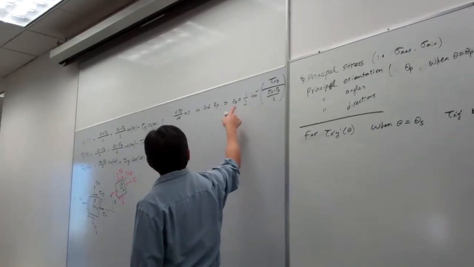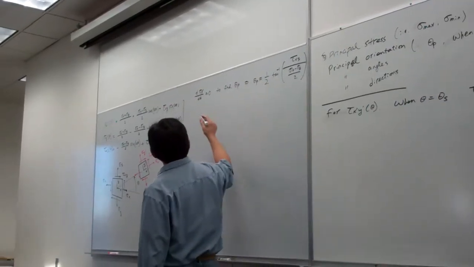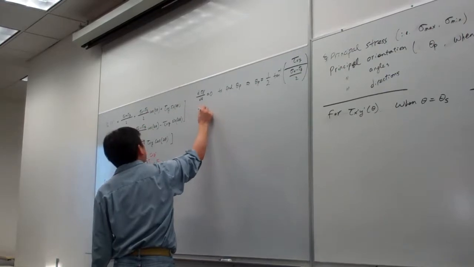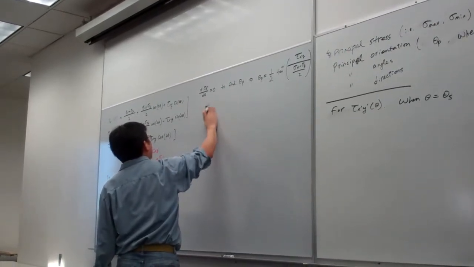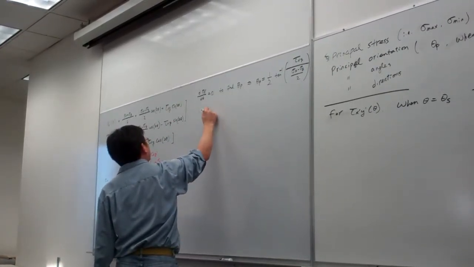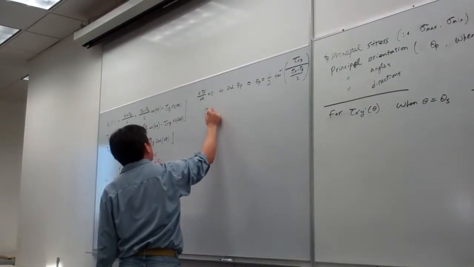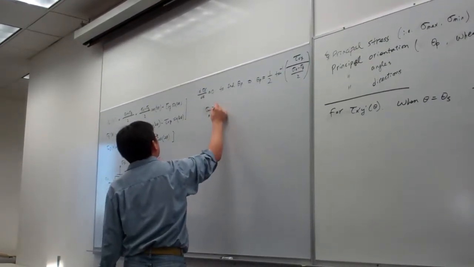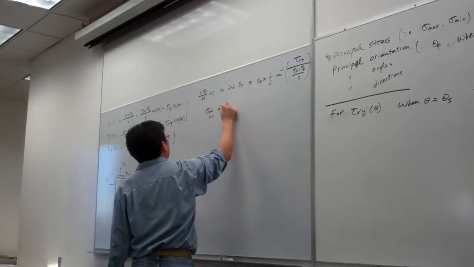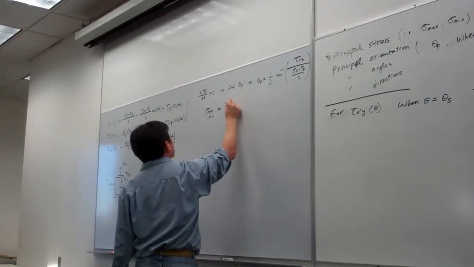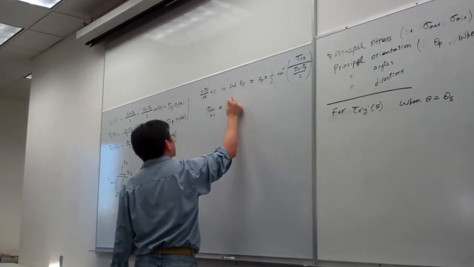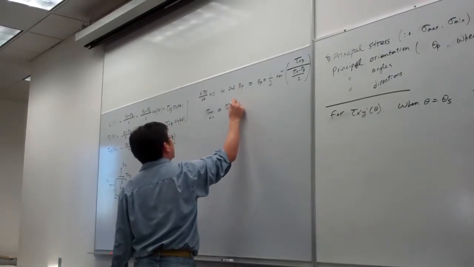And once we know the principal directions, then we plug in to get sigma maximum or sigma minimum. The value is sigma x, and then we introduce theta equal to theta p.